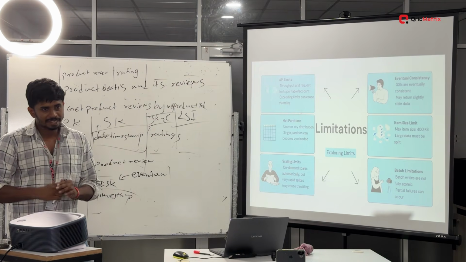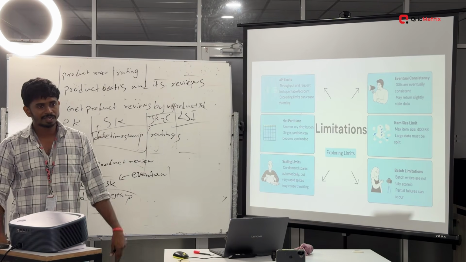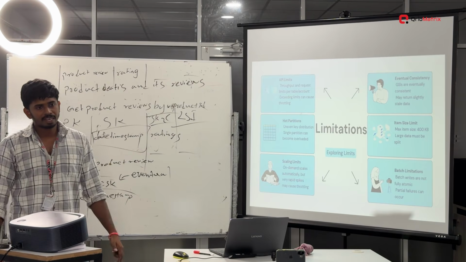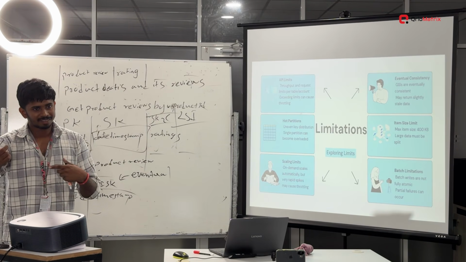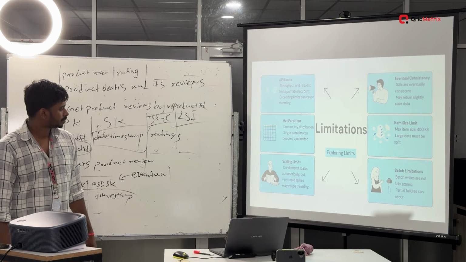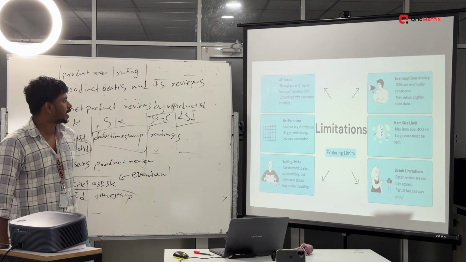If you have more than that, it will provide you something called the last evaluated key. That means using that last evaluated key, you can paginate through it and query again for the next batch.